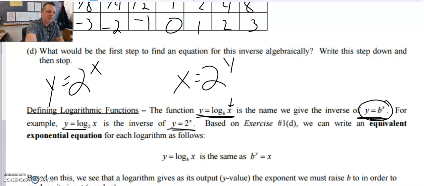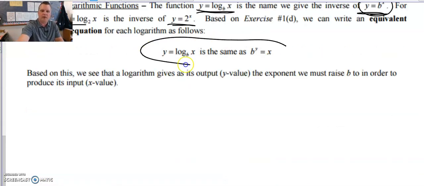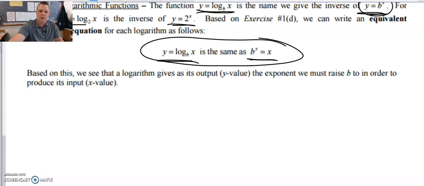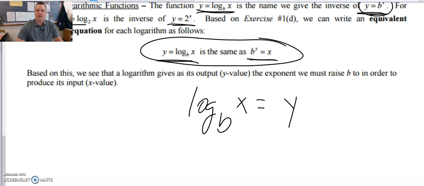But we also have equivalence. I call this a change of base formula right here. Okay, so it's easy if we start with the exponent and then change to the log. So the log of the b, the base, and I have the y over here and x. This is the way I like to write it. So b to the y equals x, just like it has right here. b to the y equals x.